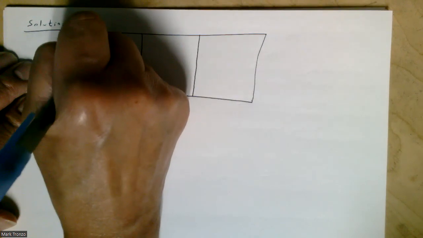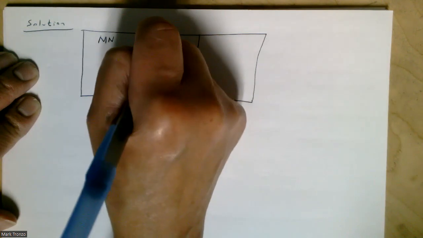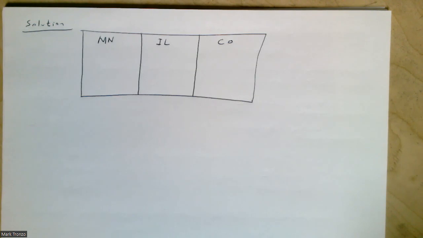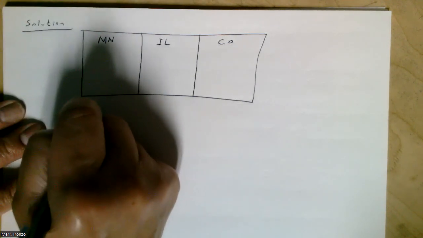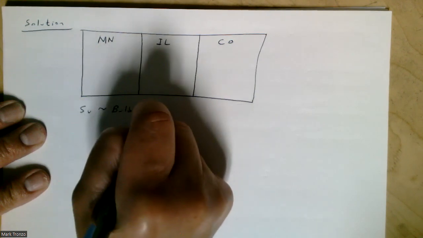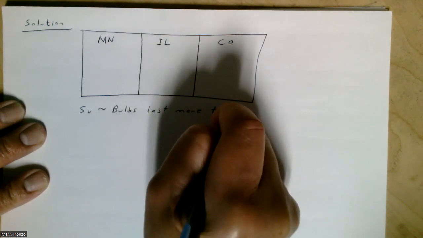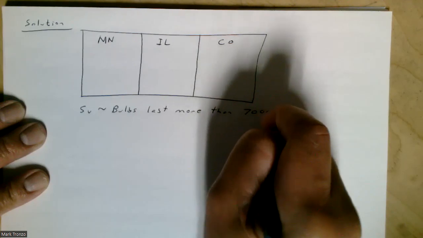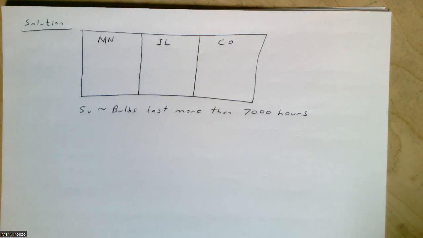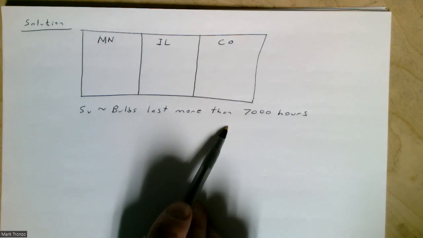Again, we have Minnesota, MN, Illinois, IL, Colorado, CO. And let's call SV the event the bulbs last more than 7,000 hours.